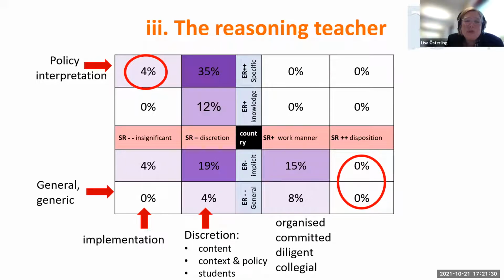Someone even suggested it was Swedish, and yes, it could have been, but this is actually a South African example. The Swedish one was very similar. Patterns. Yes. And the dispositions that were valued were those associated with being a teacher in a work environment: being organized, being committed, being diligent, being collegial.